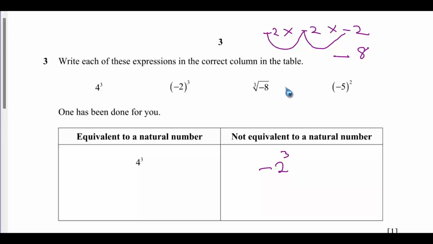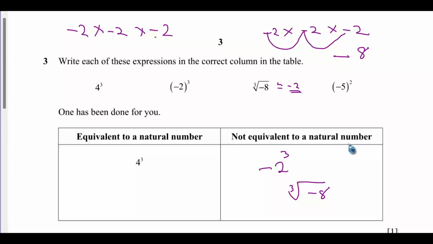This one will also be here, because we need to find one number that you multiply by itself 3 times to get negative 8. That will be negative 2 by negative 2 by negative 2. So the answer is negative 2, and it is not a natural number, so we put it here.